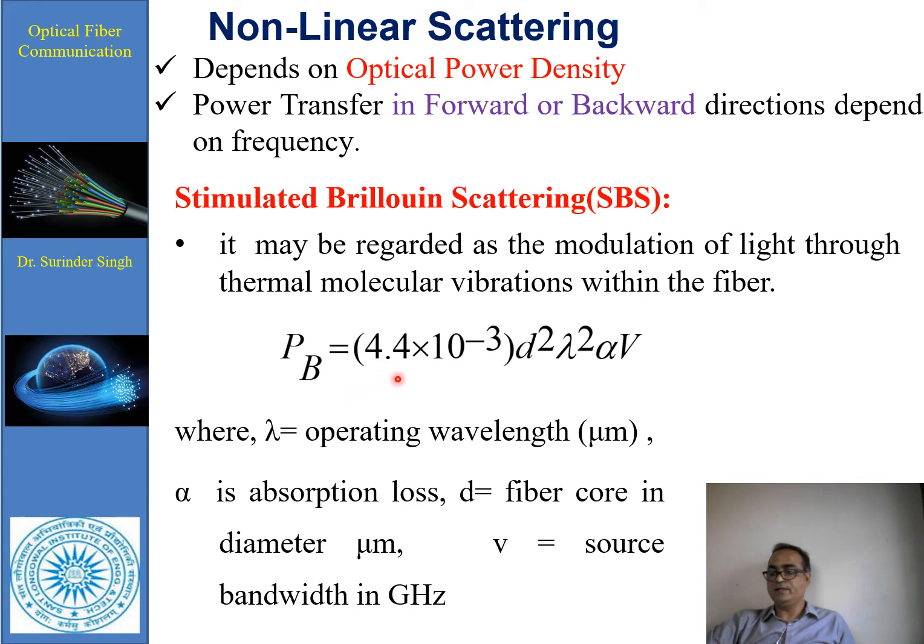This P_B is equal to 4.4 times 10 to the power minus 3 d squared lambda squared alpha nu. D is the core diameter, lambda is the operating wavelength, alpha is the absorption, and nu is the source bandwidth, which is around a gigahertz band.